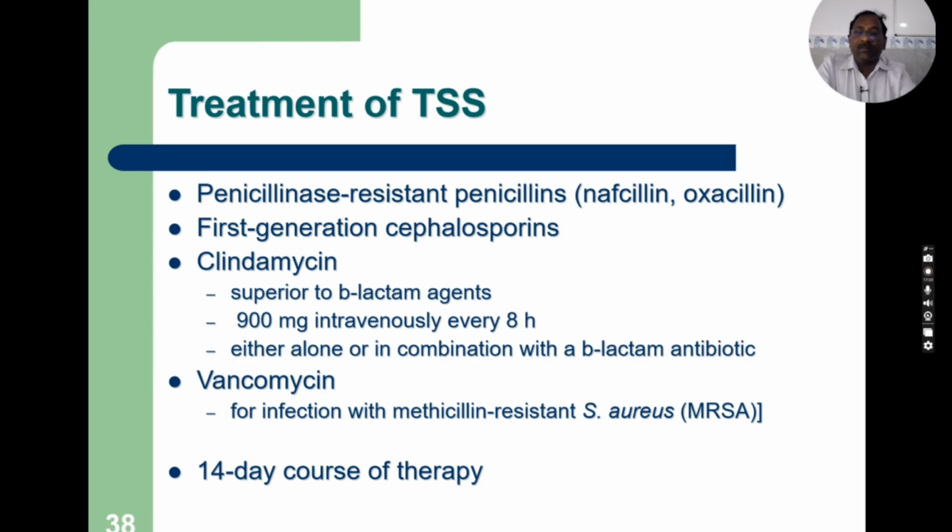Clindamycin, vancomycin: when you are dealing with methicillin-resistant Staph aureus, MRSA, the drug of choice should be vancomycin. And usually you have to give about 2 weeks of therapy for these toxic syndromes most of the time.